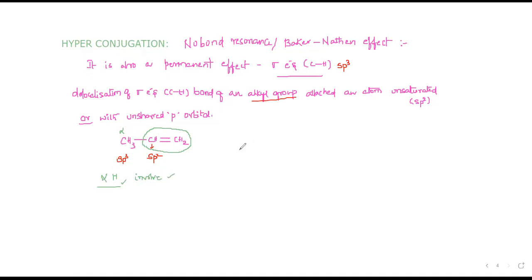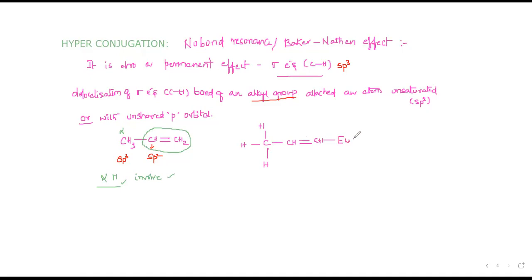Okay, this CH3 I will expand once again here. Look at this representation: C, H, H, H, attached to any alkene, CH double bond CH, and this is attached to any electron withdrawing group.